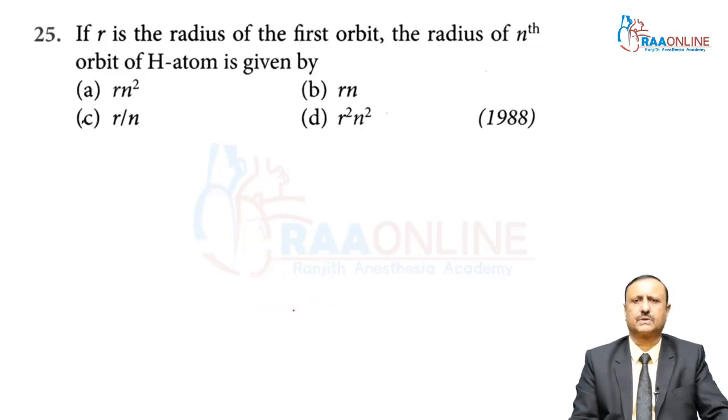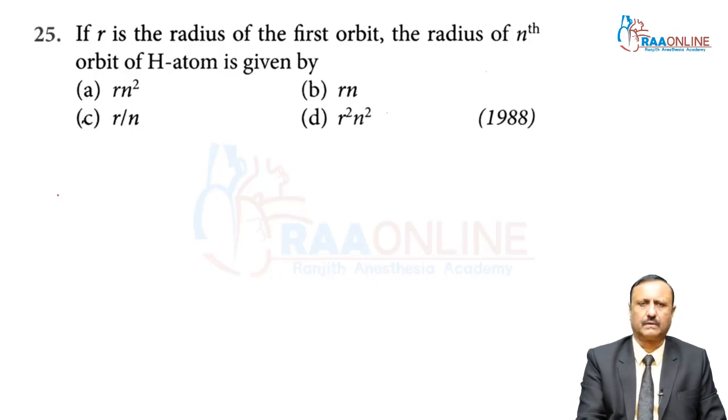Now we can see question number 25. If r is the radius of the first Bohr orbit, the radius of the 9th Bohr orbit of hydrogen is given by. What is the formula, my dear students, which is used in this question?